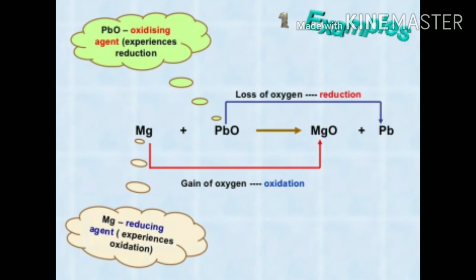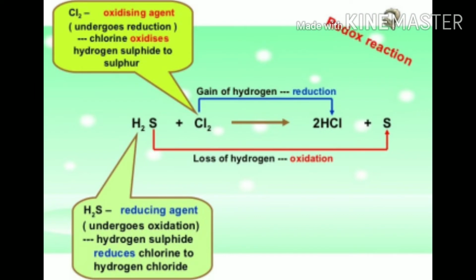Let us take one more example. The next example is a reaction between hydrogen sulfide and chlorine to give hydrogen chloride and sulfur. Hydrogen sulfide loses hydrogen to form sulfur. That is, it has been oxidized because loss of hydrogen is oxidation.